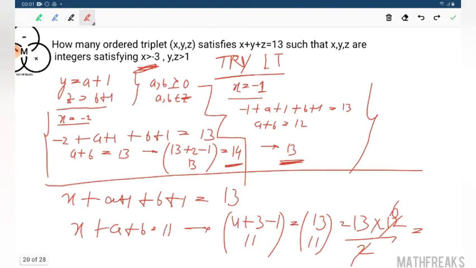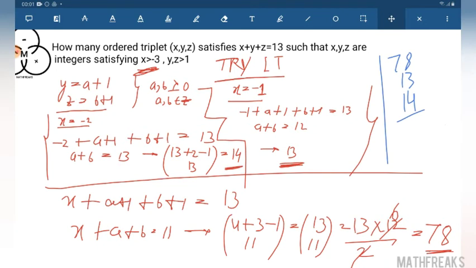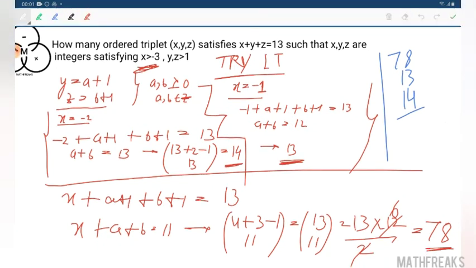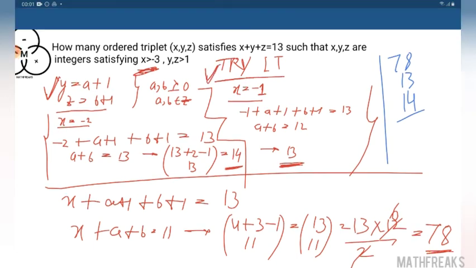This is 75, not 75, 78. So the total number of ordered pairs is 78 plus 13 plus 14. You add them up, you will get the answer. The important idea is this. This is the important idea that we need to focus on.